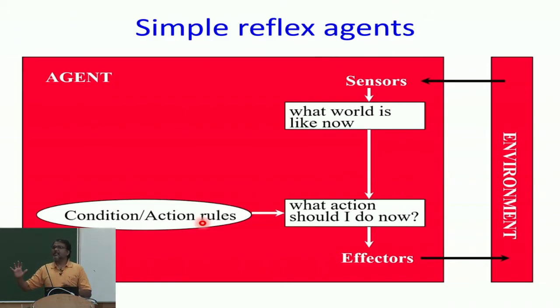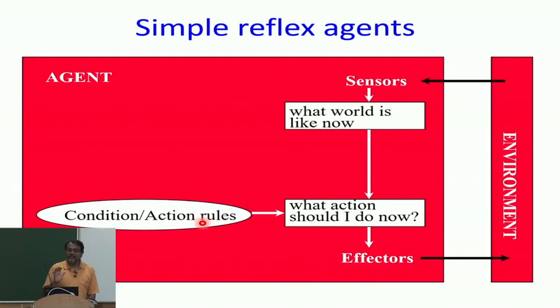We are not concerned about whether I am making khichdi or roti. I do not care whether it is on a gas stove or on a hot plate, there are many things I do not care for. I only care for this one condition, if it is hot, and I take the action, remove the hand.